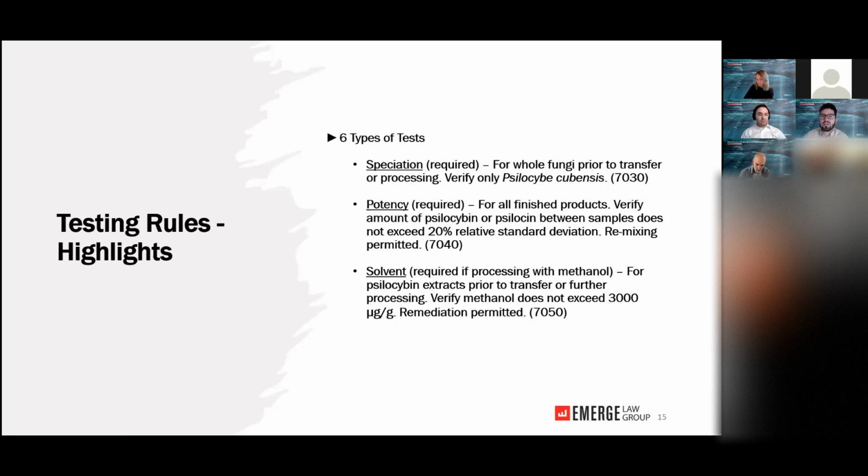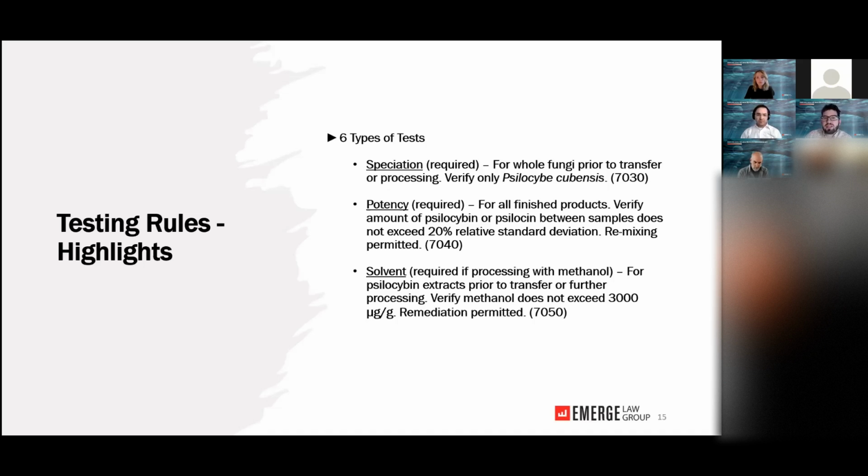So to make sure that the amount of psilocybin is consistent between samples. We expect that with further rules coming down the line, it's likely that there will be maximum potency amounts and dosages. And so those will probably apply to potency testing down the line.